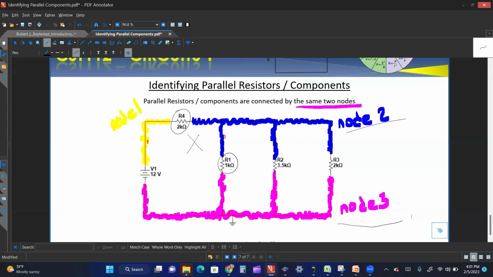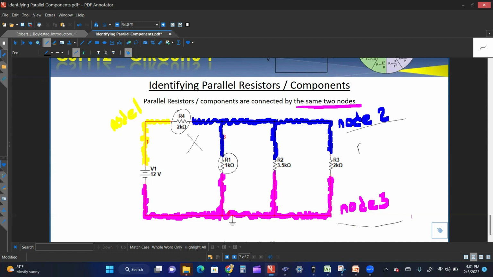All right, so what about R1 and R2? Well, R1 is connected to node 2 and node 3. And R2 is connected to the same two nodes, node 2 and node 3. Also, R3 is connected to node 2 and node 3.